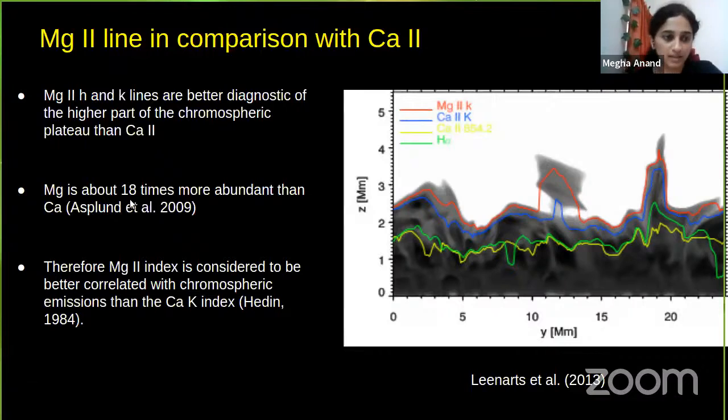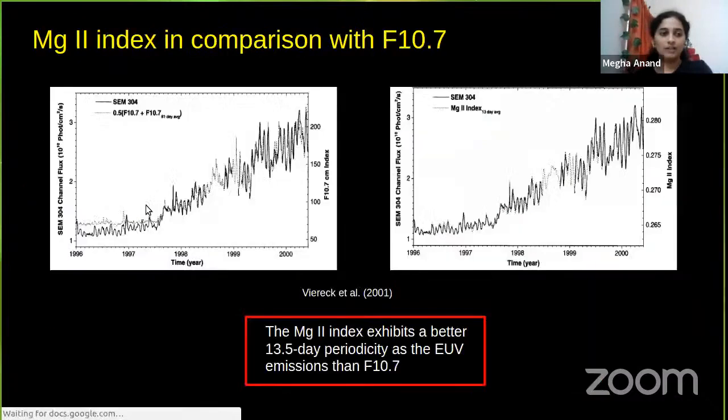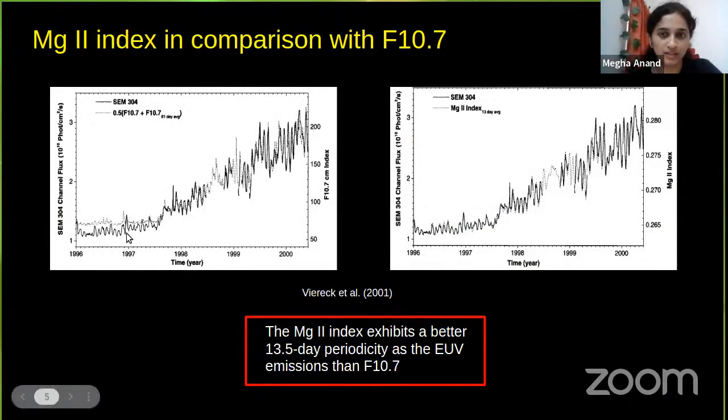It is also well known that magnesium is about 18 times more abundant than calcium. Because of these reasons, the magnesium index is considered to be better correlated with chromospheric emissions than calcium K. If we compare the magnesium index with that of F10.7, averaged over the 13.5 days periodicity, which is the signature of UV emissions, we see that over a certain period of years the magnesium index exhibits a better 13.5 day periodicity compared with the F10.7.